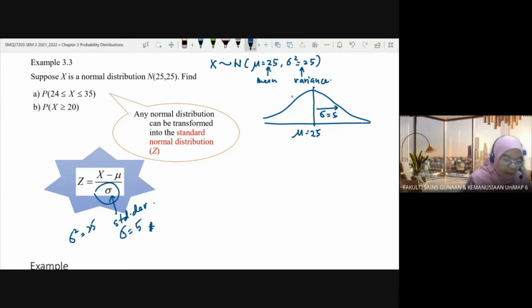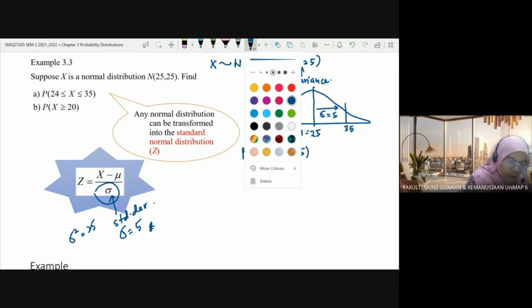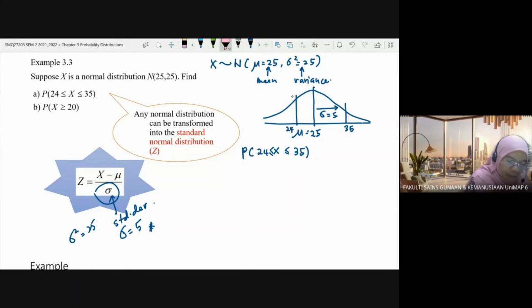We need P(24 < X < 35). You need to find the probability that the value will fall between 24 and 35. So this will be the area that you need to find.